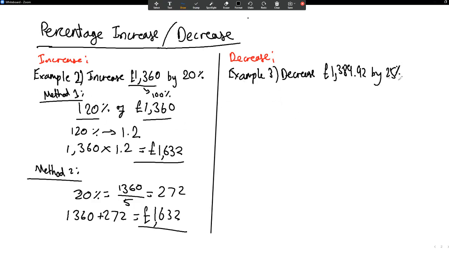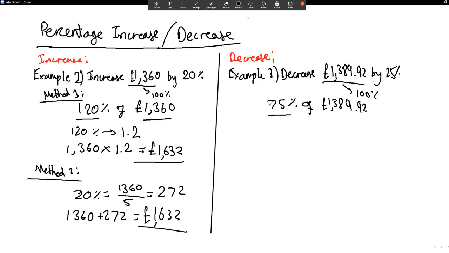So now we need to again think of this as 100%. So if we want to decrease 100% by 25%, we want 75% of 1,389.92. So that's what we want to find.